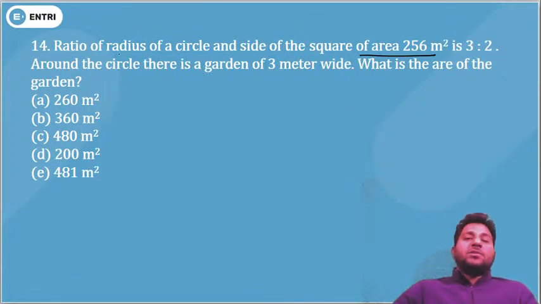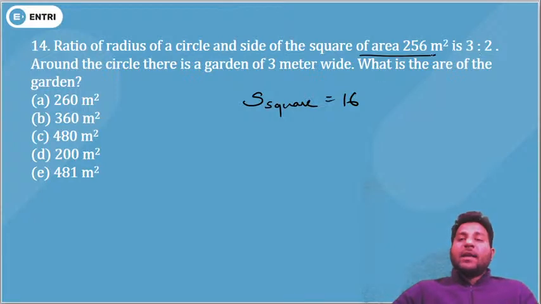Next, the ratio of the radius of a circle and the side of a square of area 256 meter square. So the side of the square will be equal to 16. The ratio of the radius of the circle and the side of the square is 3:2.